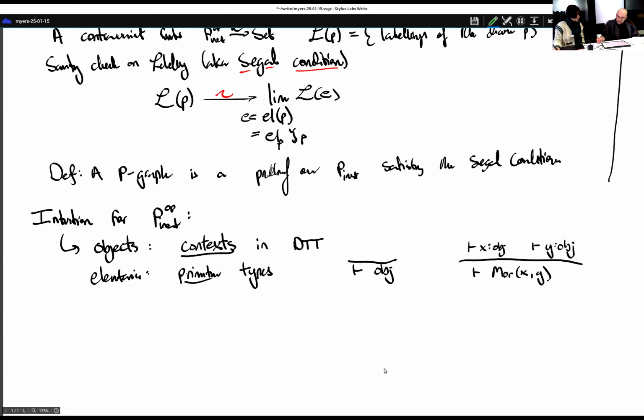So the inerts, in this point of view, are going to be the so-called weakenings, or forgetting some variables.